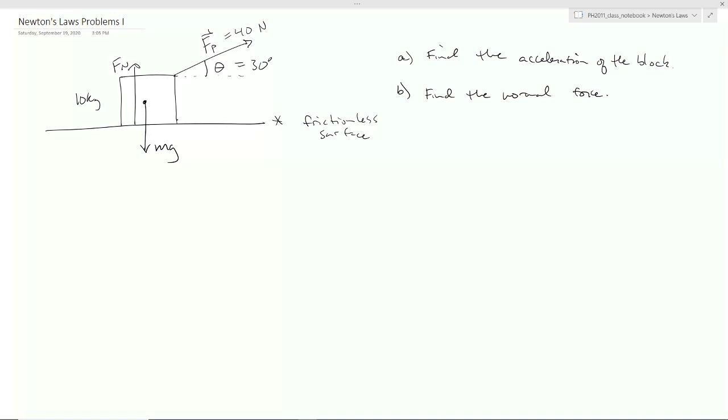And you can see we're going to have to break this pulling force into components. We could call this, for example, FPX, and then there would be a vertical component, FPY.